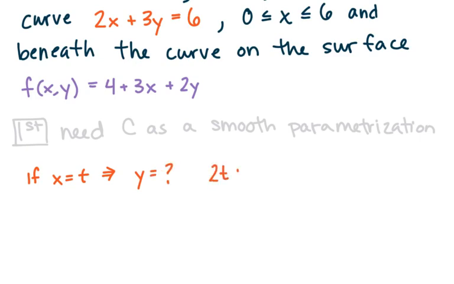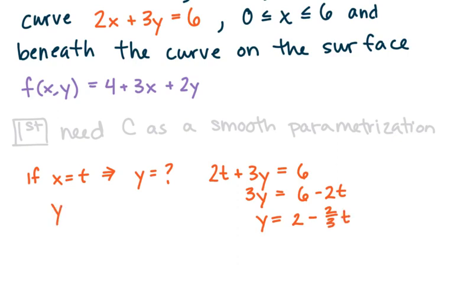So 2t plus 3y equals 6. We get 3y equals 6 minus 2t, or y equals 2 minus 2/3 t. So if x equals t, y equals 2 minus 2/3 t.